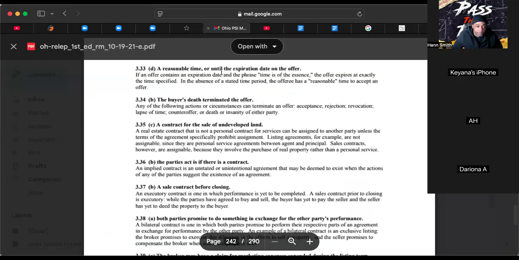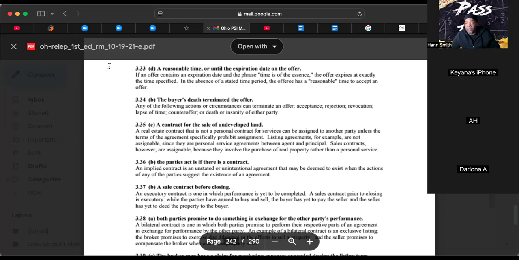Going back here, it says, if an offer contains an expiration date and the phrase time is of the essence, the offer expires exactly at the time specified. In the absence of a stated time period, which is 24 hours or 48 hours or whatever, a reasonable time to accept an offer.